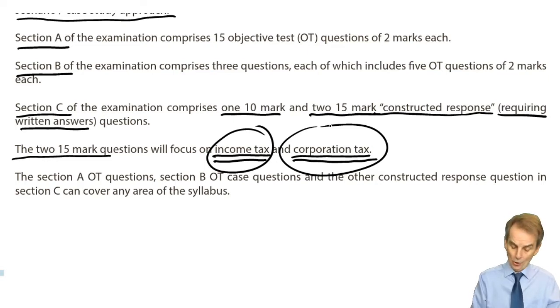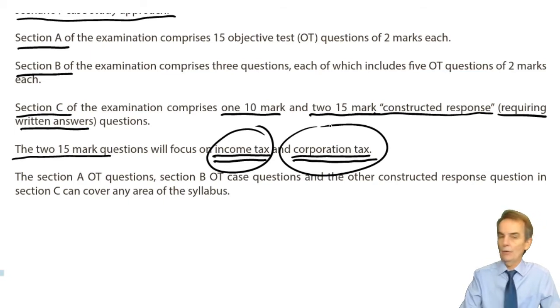Now, of course, not every Section C 15-mark question is going to test the same thing. There will be other areas of corporate tax that may be tested here. Loss reliefs, for example. Companies, any business, incorporated and unincorporated. Sadly, when you set a business up, it doesn't come with a cast iron guarantee that it will be profitable. And even though most of the time it may be profitable, sometimes things don't go too well. Sometimes it's not your particular fault.